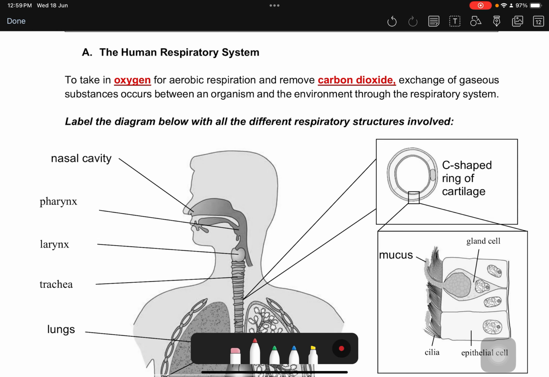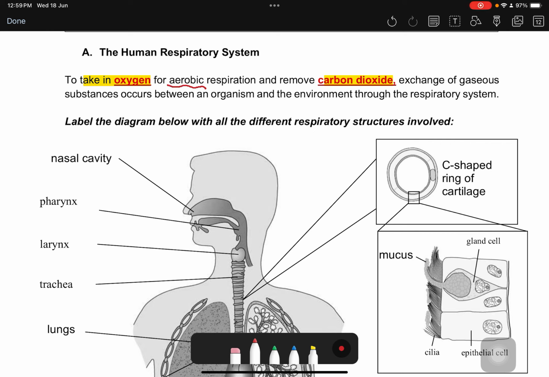So the main objective of the human respiratory system is to take in oxygen for aerobic respiration and to remove carbon dioxide, which is a waste product that is being produced during aerobic respiration. I emphasize the word aerobic respiration right now.